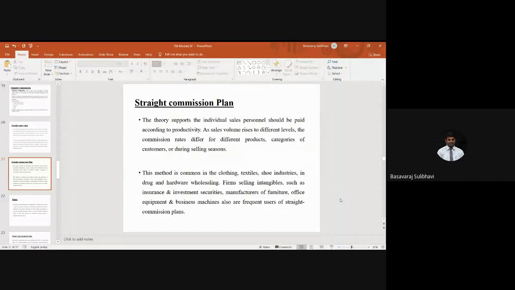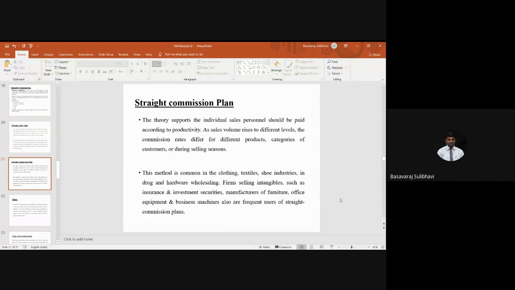This can act as a strategic decision of the organization, which makes salespeople contribute more and more to the selling activities, and productivity also increases. So this theory supports that the individual salesperson should be paid according to productivity. Now, if you perform better on the job, the more commission you are going to receive, in the form of monetary or non-monetary incentives.